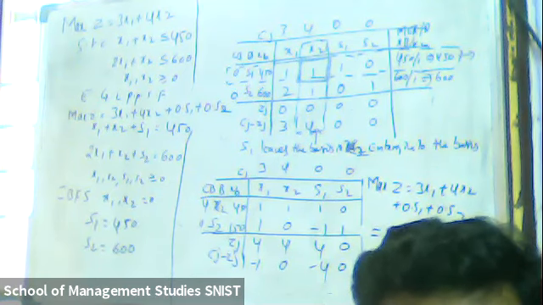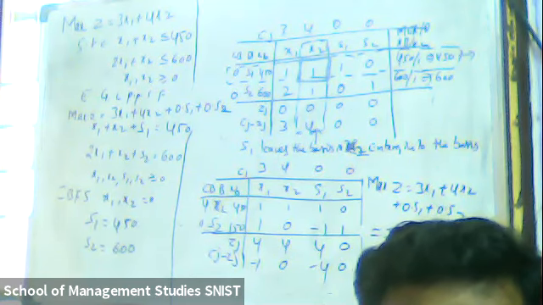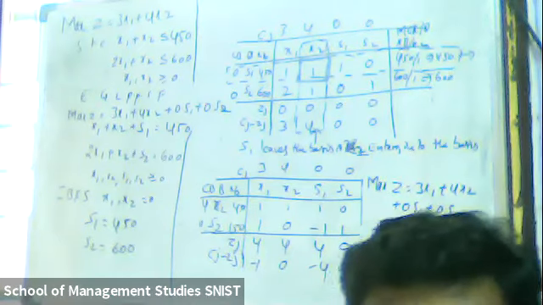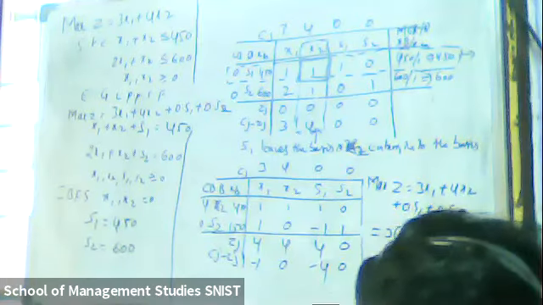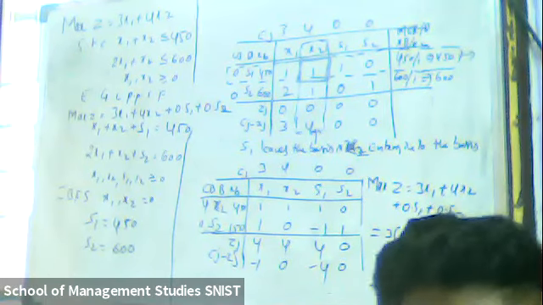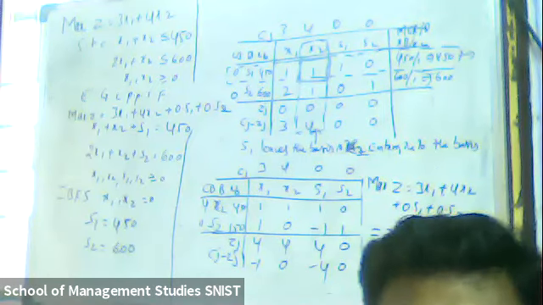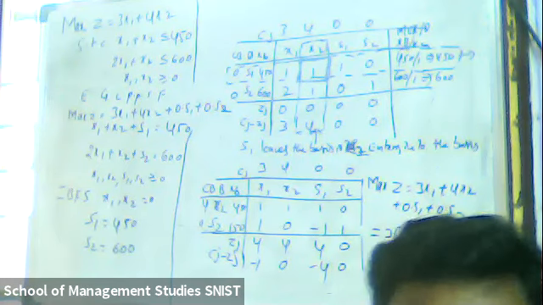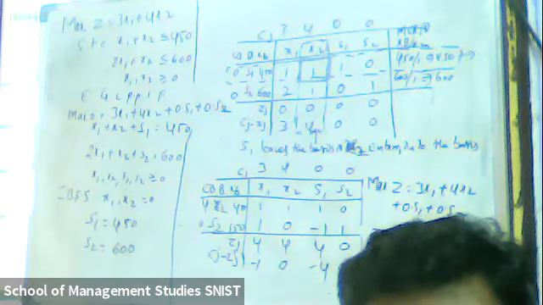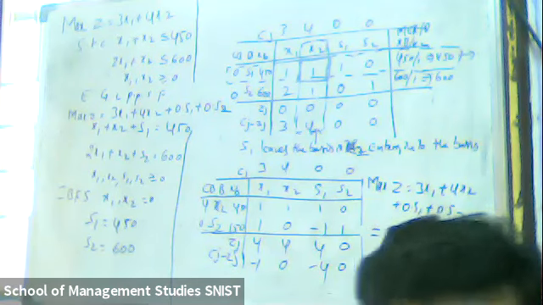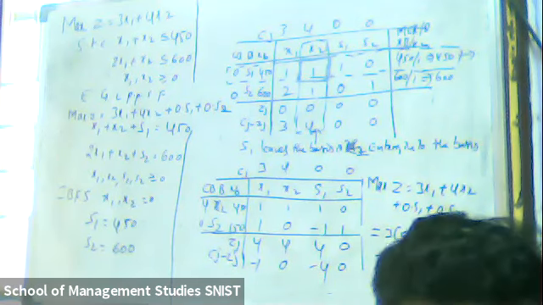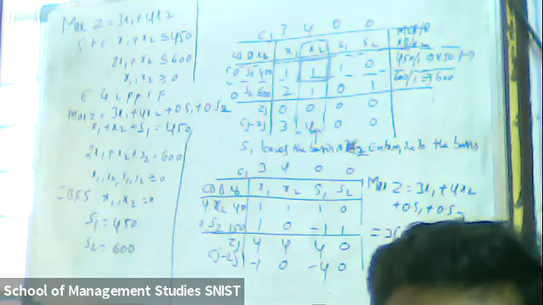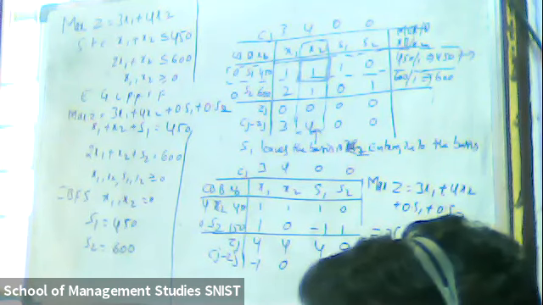I will check with them. If it is two-phase and big M, the procedure is a little different, though of the same type. We'll eliminate artificial variables, and after that the same procedure follows. But big M is a big ghost. Okay. Clear?